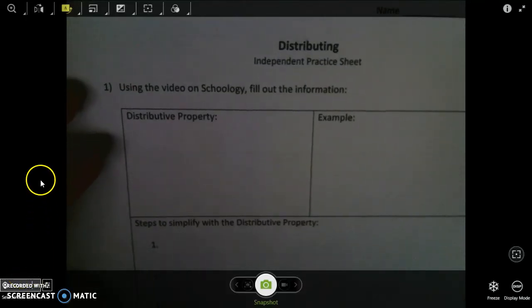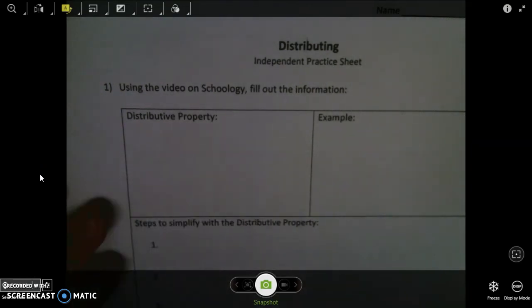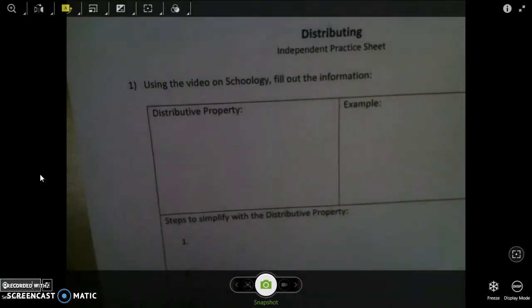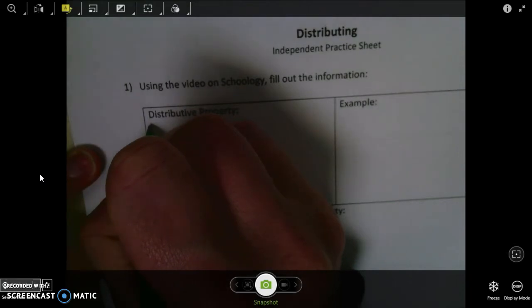This video will explain the distributive property and how to distribute, and it follows along with the independent practice sheet. The distributive property is a property in math that allows you to simplify in a specific way.